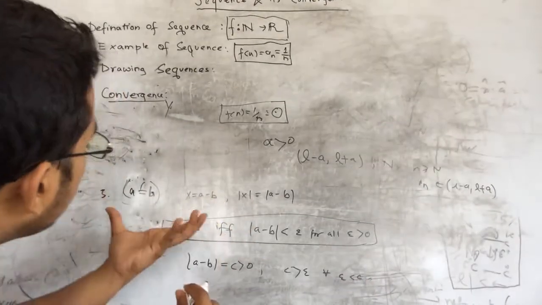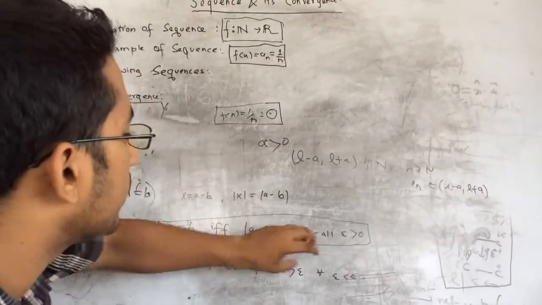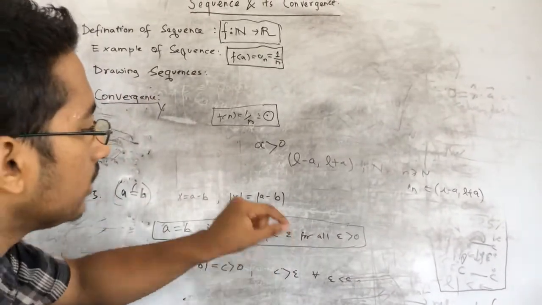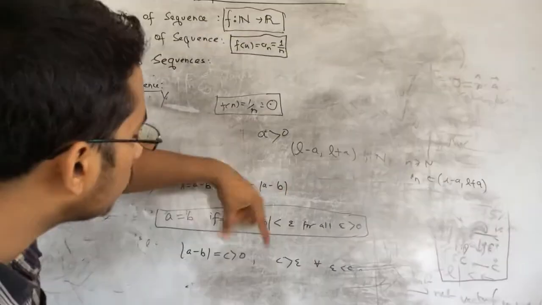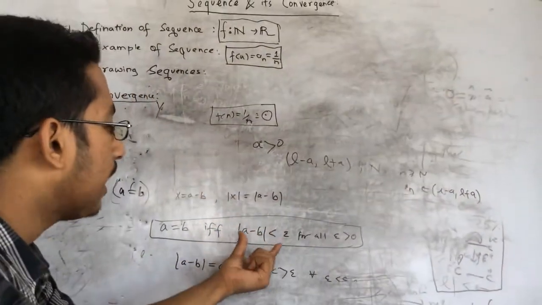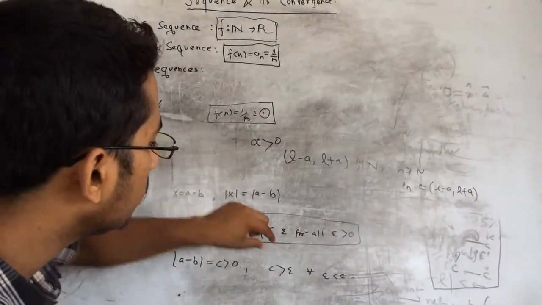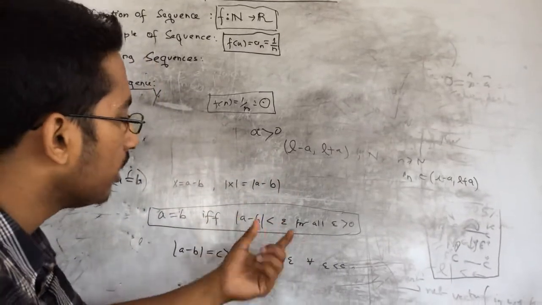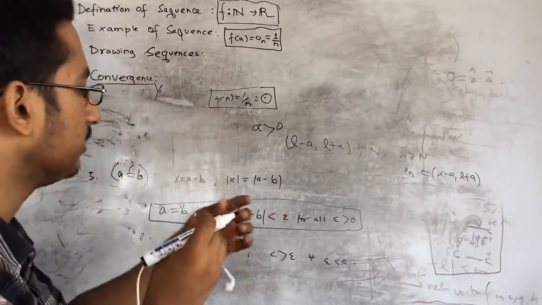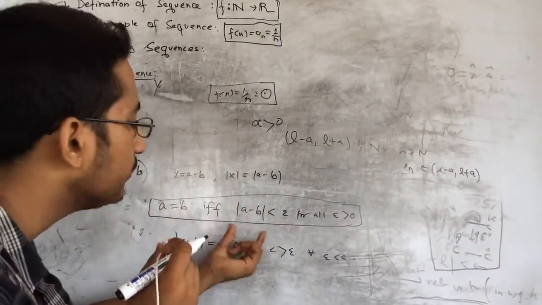So there is a dynamic way of controlling: we take positive numbers one by one of our choice and see whether the inequality holds for every one of them.